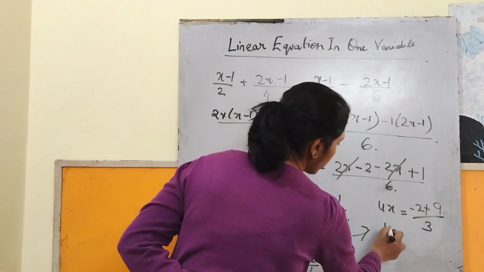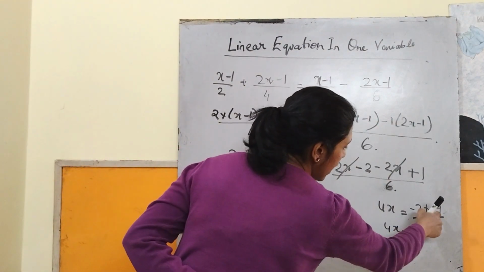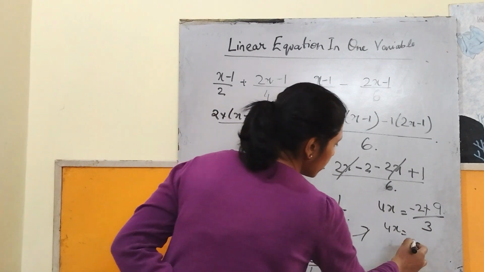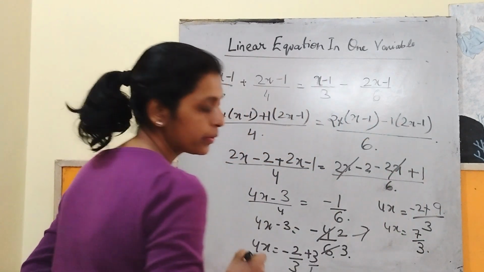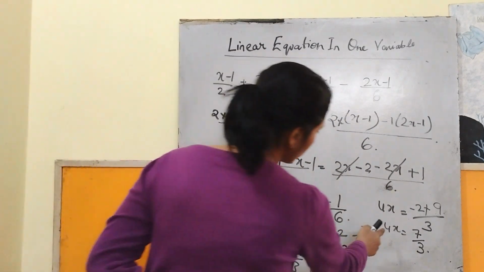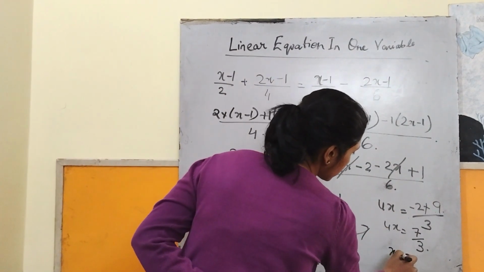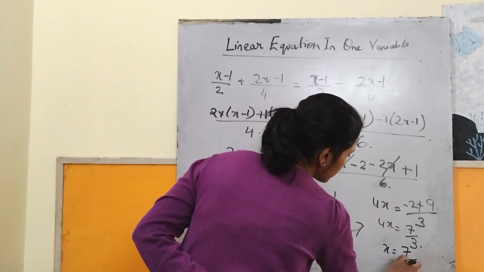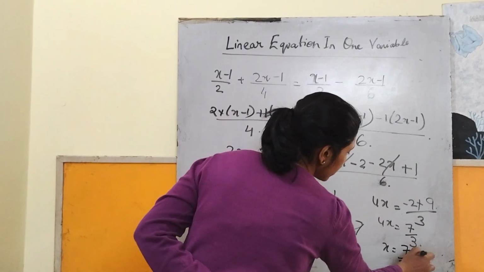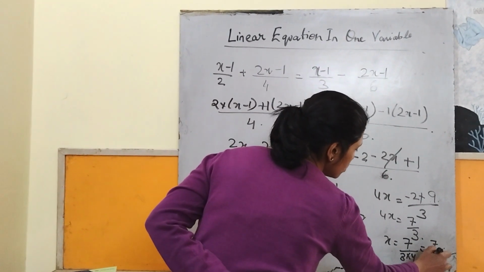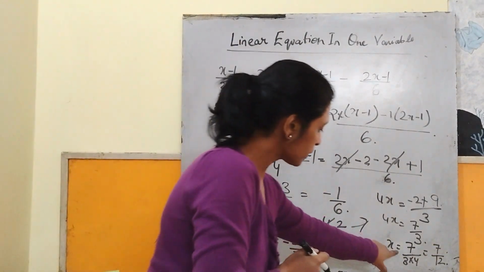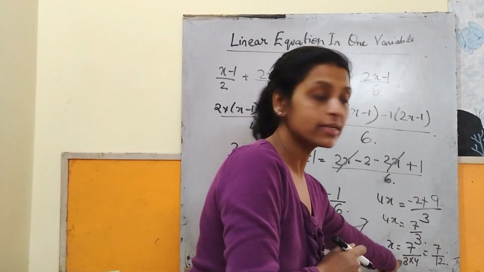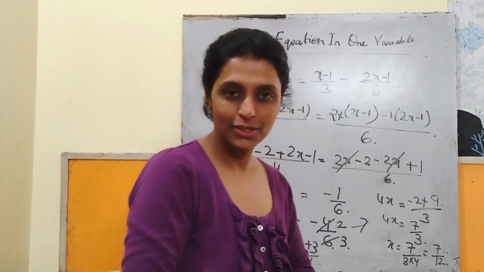Now 4x is equal to 9 minus 2, which becomes 7 upon 3. Now 4 is multiplied here, so when it comes to the other side, it will become 3 into 4, that is 7 upon 12. So the value of x is 7 upon 12.